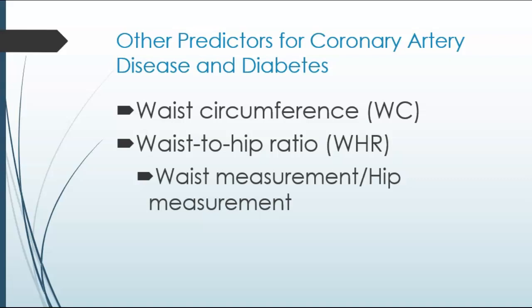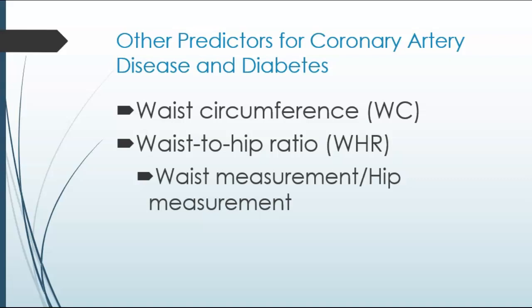The waist to hip ratio is also a predictor for coronary artery disease, and this measure differentiates peripheral lower body obesity from central obesity. So a WHR of 0.95 or greater in men and 0.8 or greater in women indicates android obesity with excess fat at the waist and the abdomen.